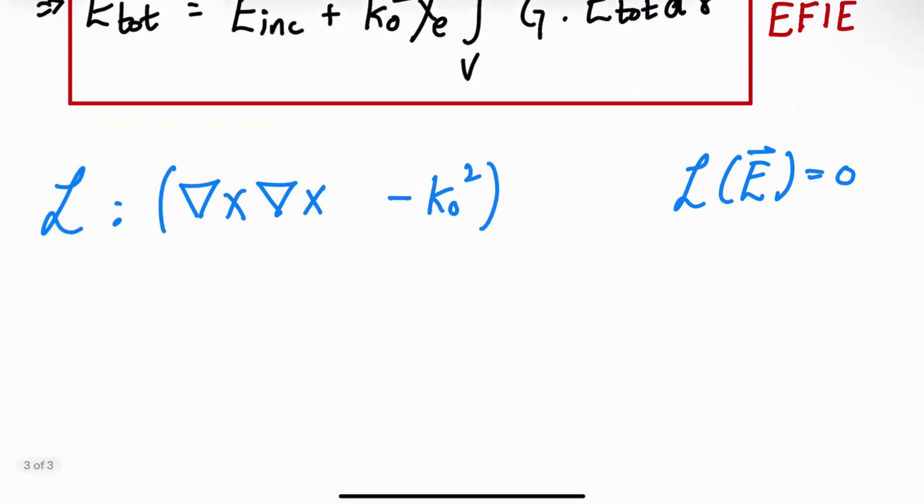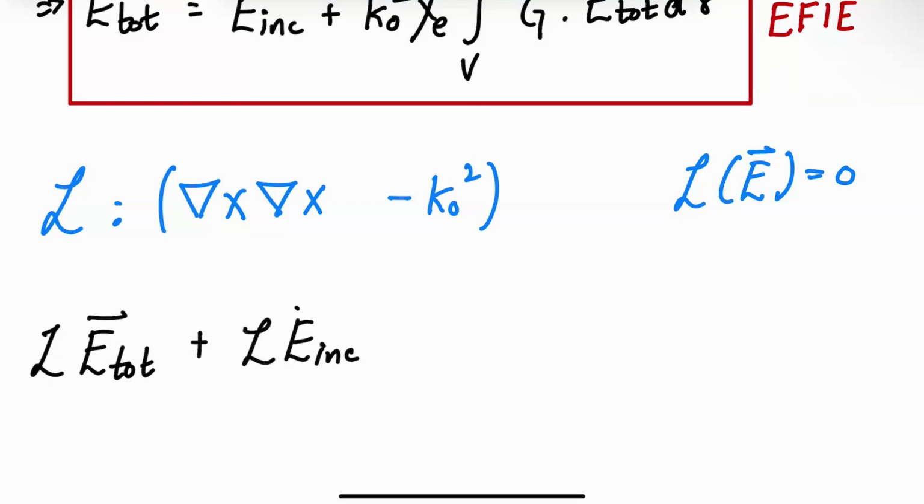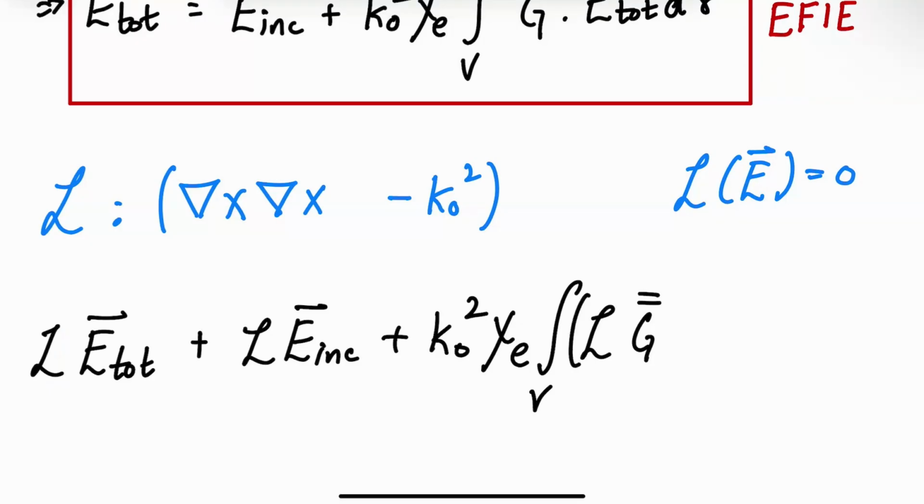What do I get then? I have L of E total, the left hand side, plus L of E incident, plus k naught square chi, the volume integral of L G dotted with E total.